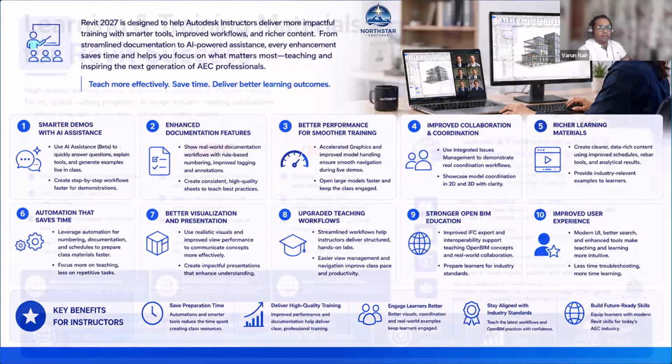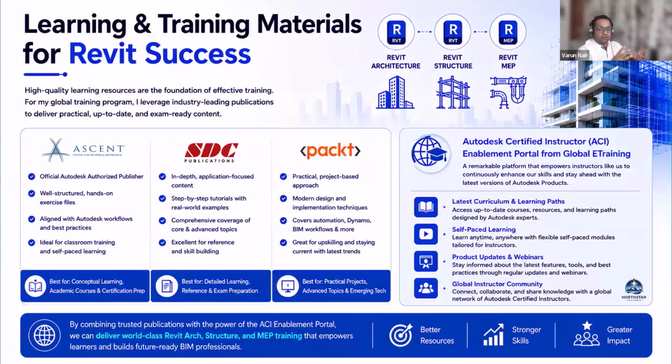Now, related to the learning materials, as I told you, I am delivering training for various corporates across the globe. I personally use Ascent, STC Publications and Packt Publications learning materials. And definitely, the ACI enabling portal is available. It's one of the remarkable portals available for us as instructors to develop ourselves on the latest versions of the software.